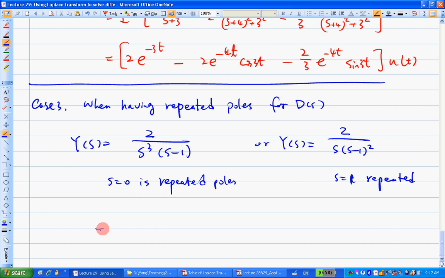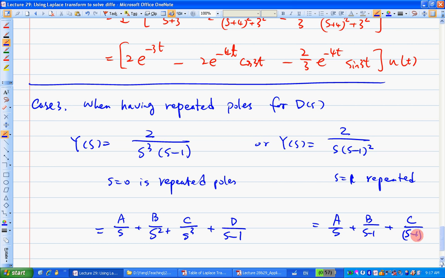For the first one, we're going to decompose it into this format: a over s, b over s squared, c over s cubed, plus d over s minus 1. And the second one is going to be a over s plus b over s minus 1 plus c over s minus 1 squared.